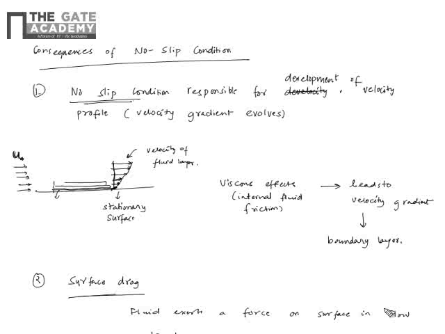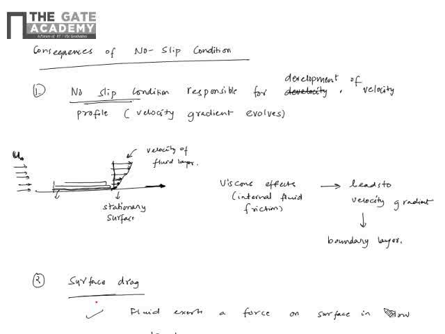Taking the same plate example, because the fluid slows down, it exerts a drag on the stationary surface in the direction of the flow. So I need to apply on this stationary plate a force opposite to the drag exerted by the fluid in order to keep the plate at rest.